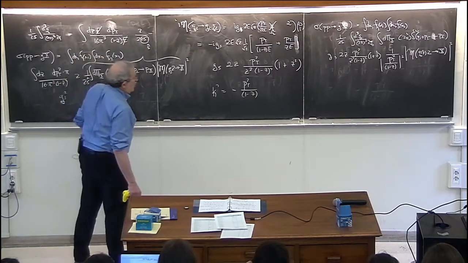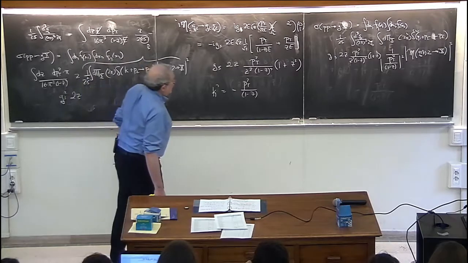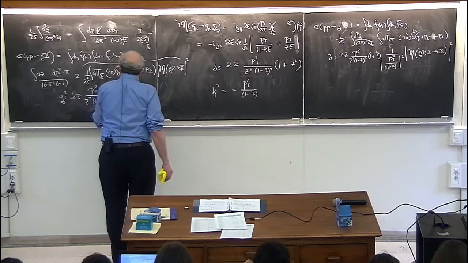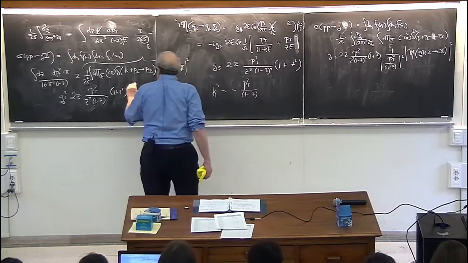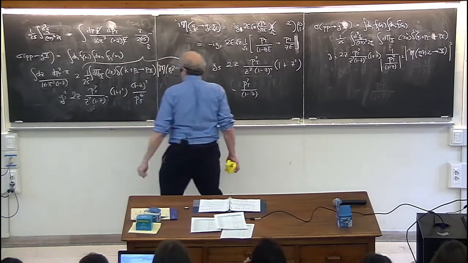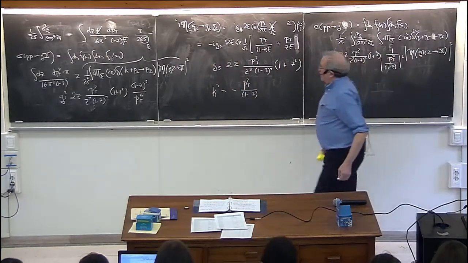G sub s squared, there's a factor of 2z, there's a factor of pt squared over z squared times 1 minus z squared, there's a 1 plus z squared, and there's the denominator, which is 1 minus z squared over pt to the fourth. Now you see some nice things are happening.